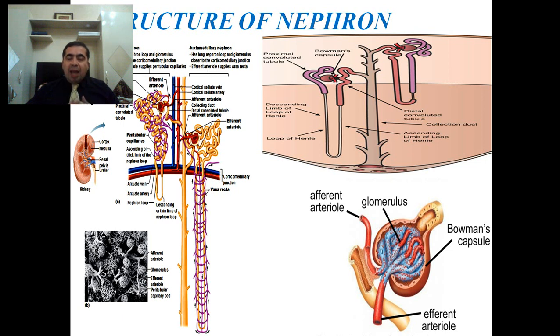The primary urine, which we get at the end of this process, has 99% of water, many dissolved materials, many important ions, several carbohydrates, and other substances, except the macromolecules of the proteins.